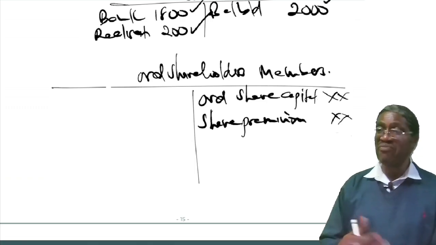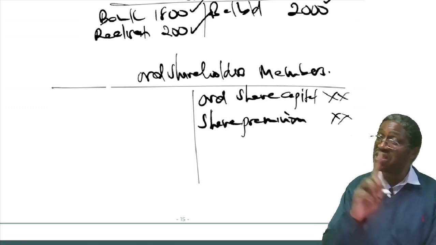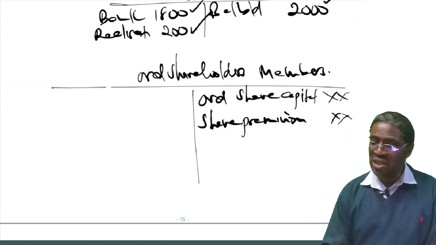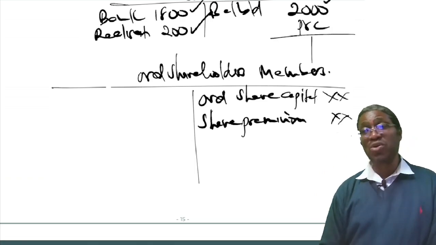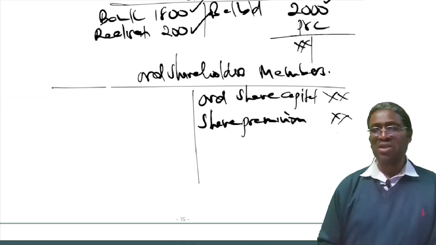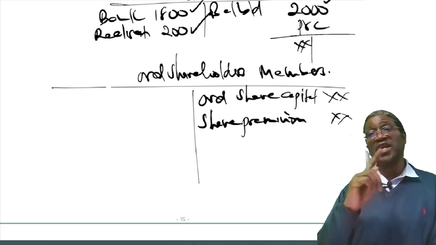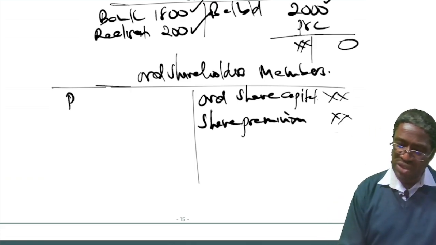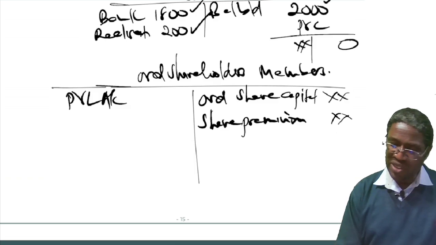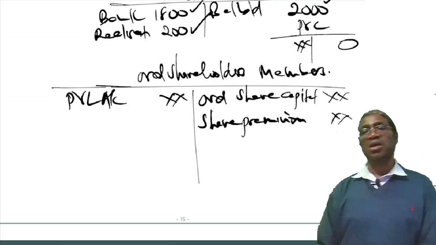It's a reserve, but a negative reserve. So to write it off, you will credit P&L account and you will debit the members. You come and say P&L account, whatever it is, as the retained loss.